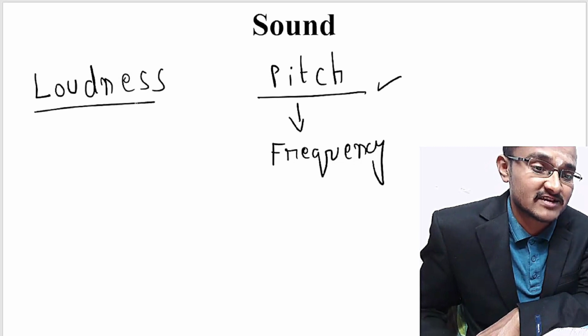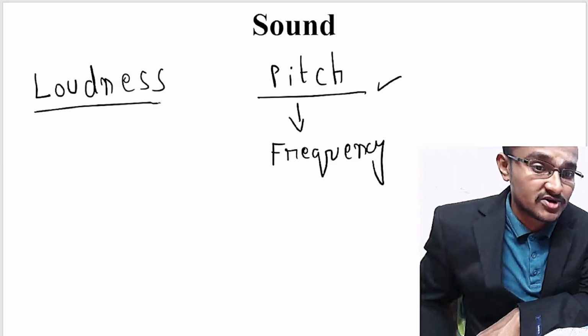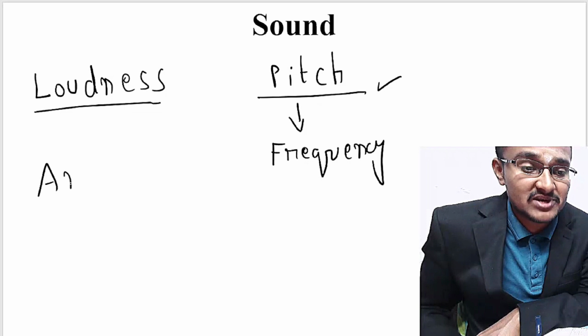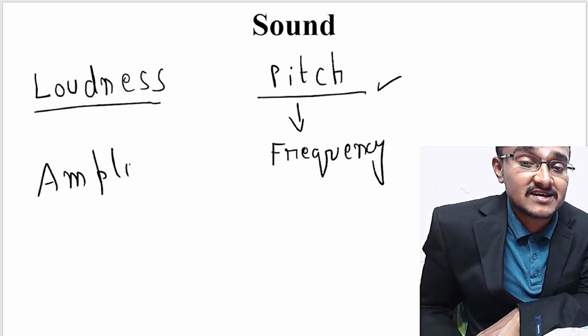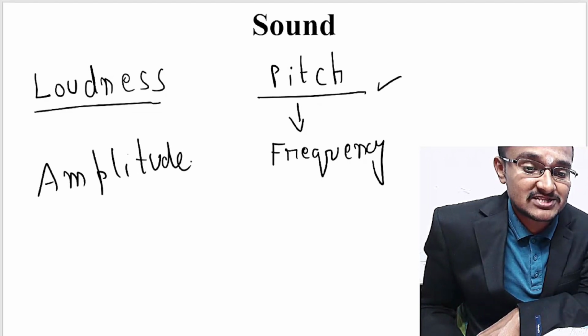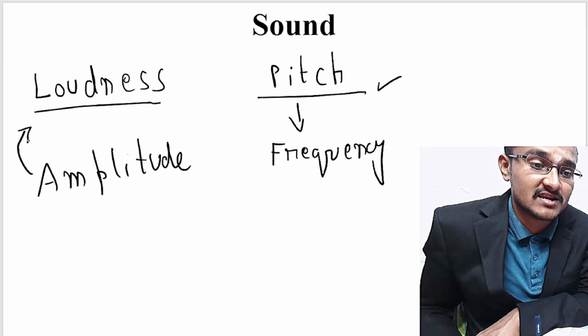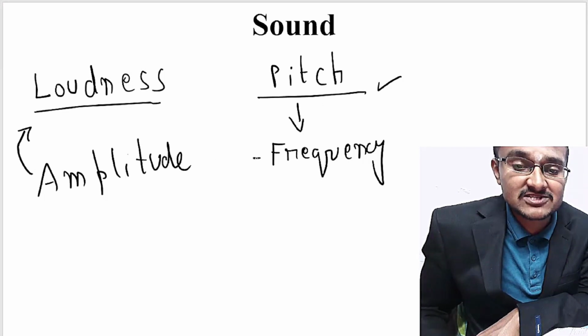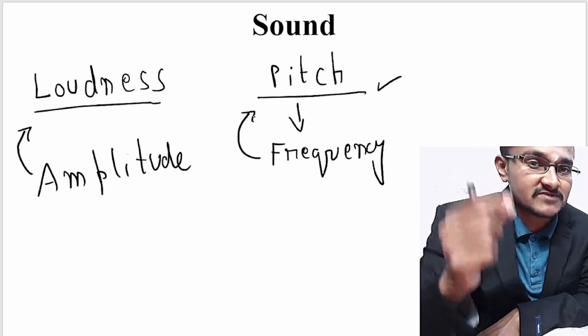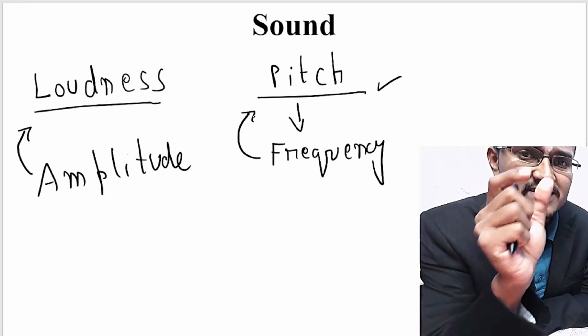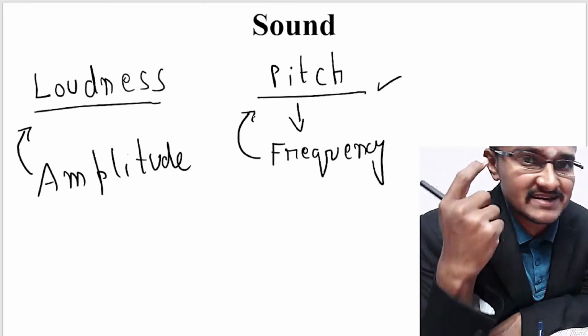Whenever frequency is less but loudness is more, then the amplitude of that sound is greater. So amplitude accounts for the loudness of the sound and frequency accounts for the pitch of the sound. That's why certain shrill sounds will irritate us.